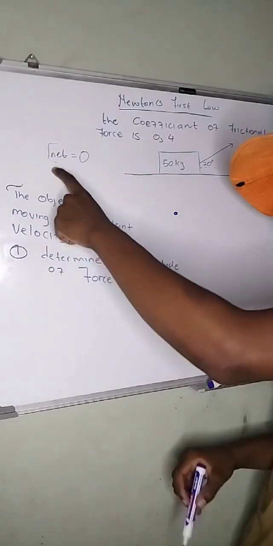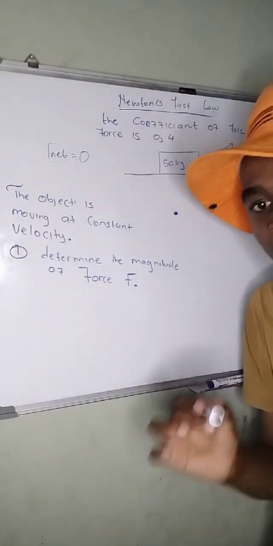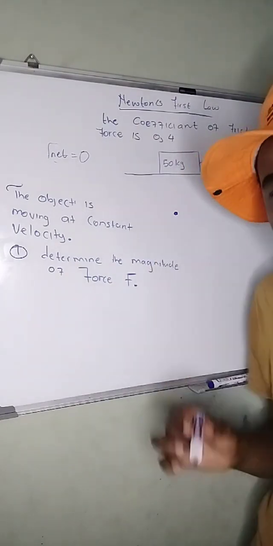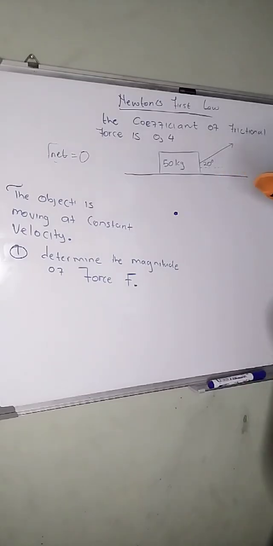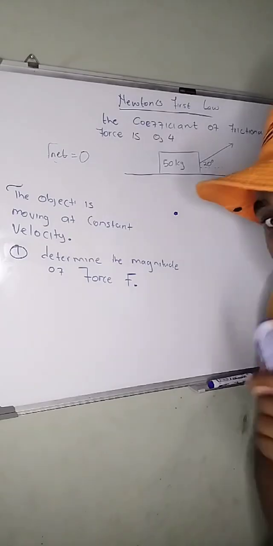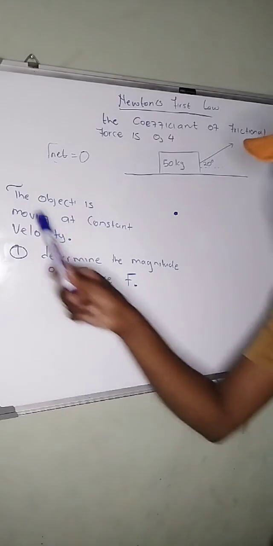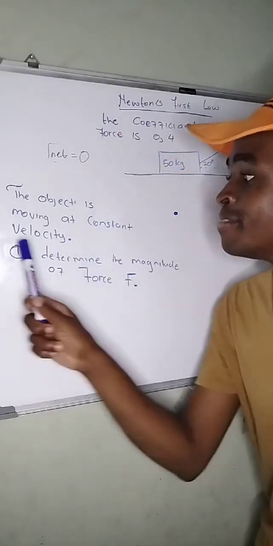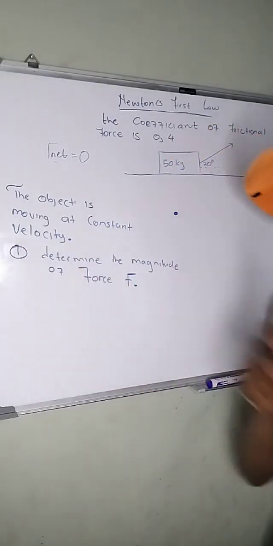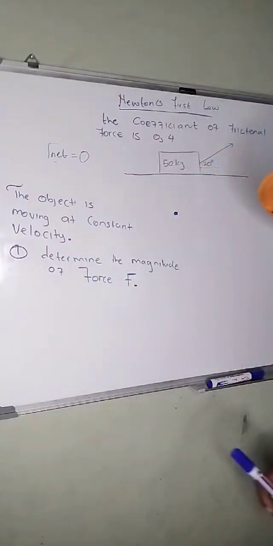Why is our Fnet 0? It's because the object is moving at constant velocity. You get it? Yes, all the forces are at equilibrium.